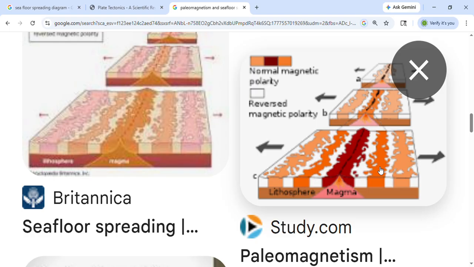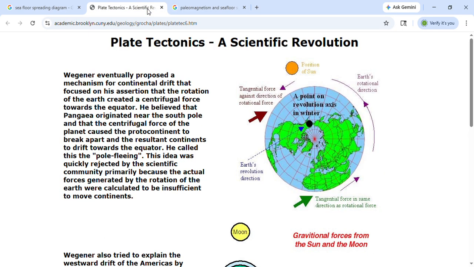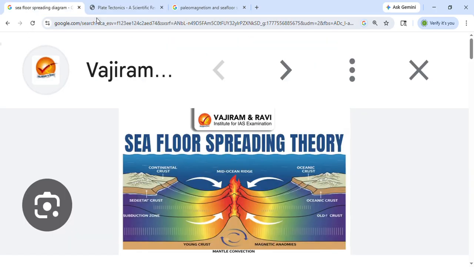So, next question. Moving to plate tectonics. How is the plate defined in this context? So what is the plate? Our next concept is what is a plate?